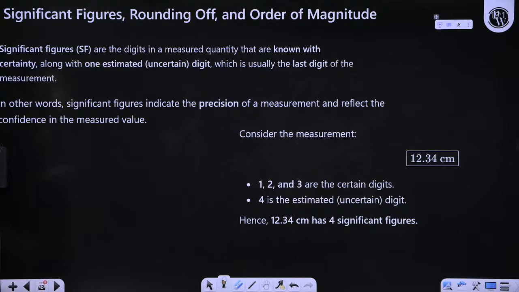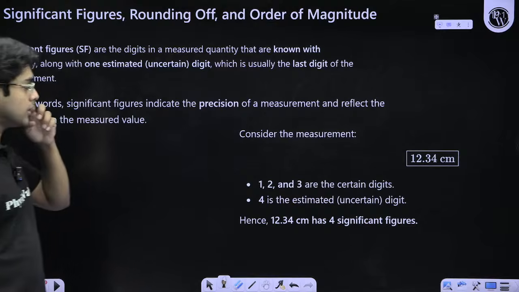So now we are going to take a look at significant figures and rounding off. Significant figures are the digits in a measured quantity that are known with certainty along with one estimated digit, which is usually the last digit.